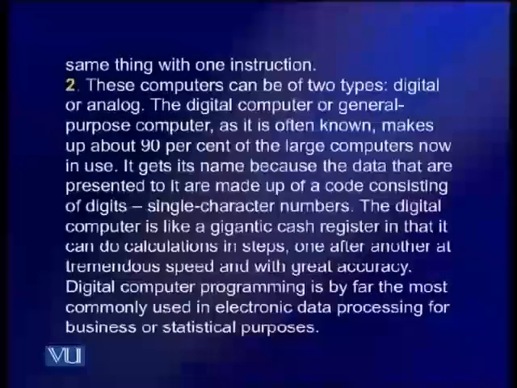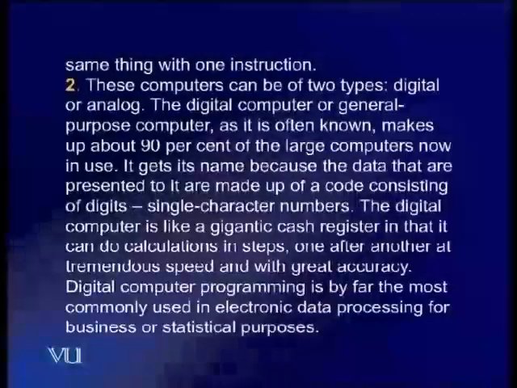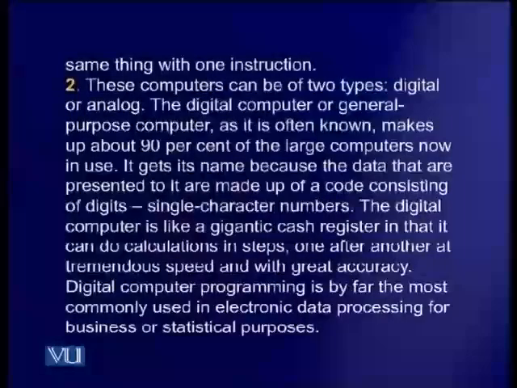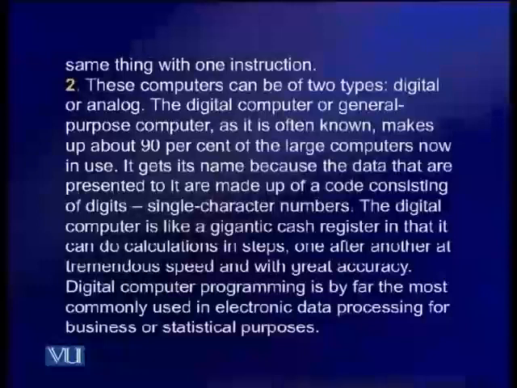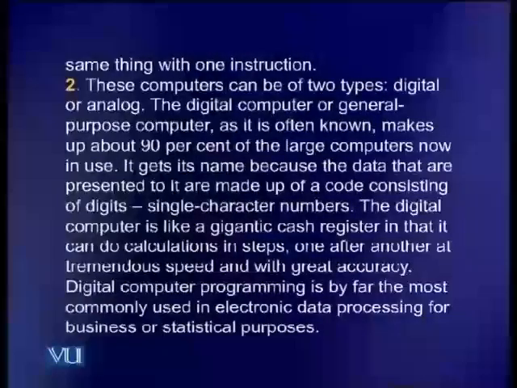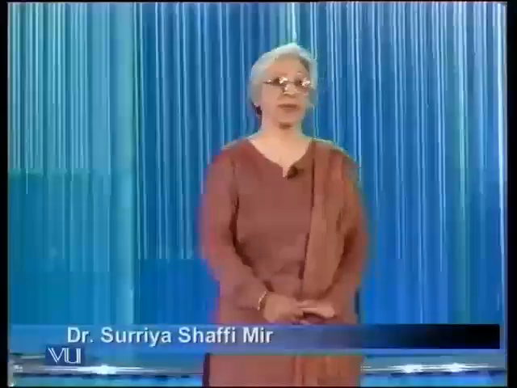It gets its name because the data that is presented to it are made up of a code consisting of digits, single character numbers. The digital computer is like a gigantic cash register in that it can do calculations in steps, one after another, at tremendous speed and with great accuracy.